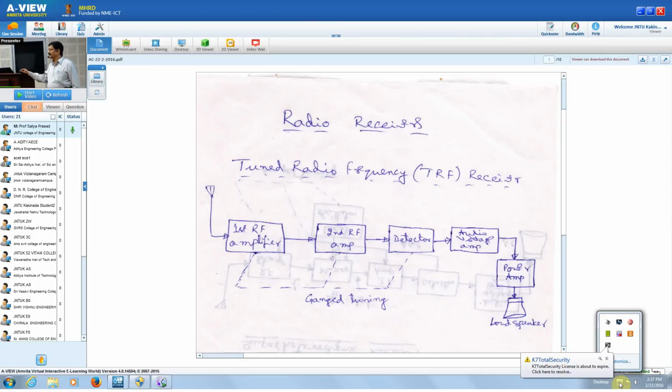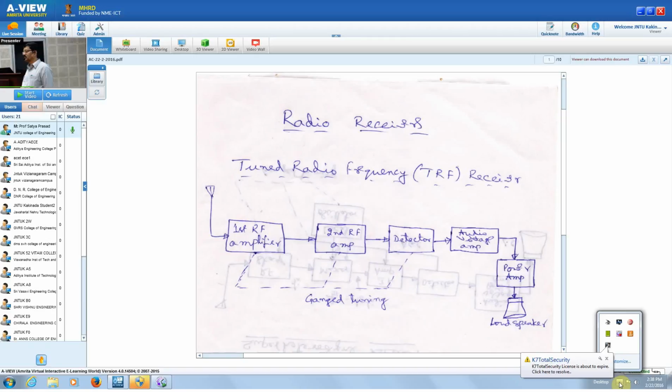Except for the one Q factor, they are much inferior to the operation of the TRF receiver. So this is not of practical importance for us.